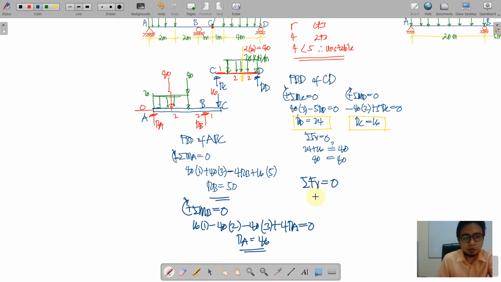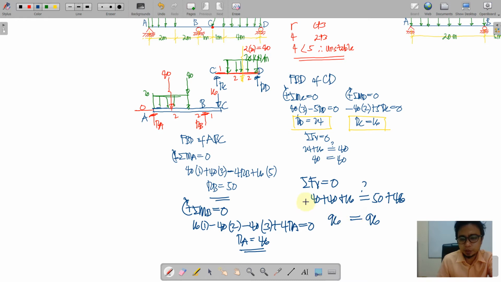So checking now our reaction by this summation forces vertical is equal to 0. All of the downward force, we have 40 plus 40 plus 16. Is this equal to 50 plus 46? So if we are going to add 40 plus 40 plus 16, that is 96. And it is really equal to 96.